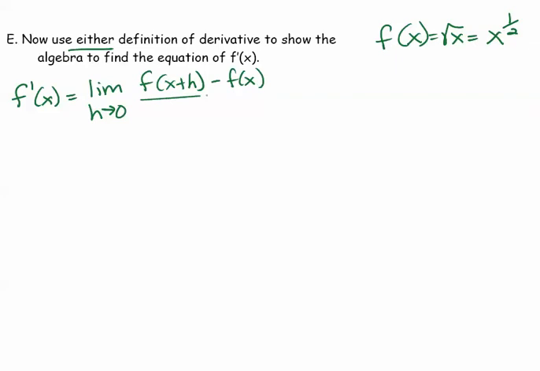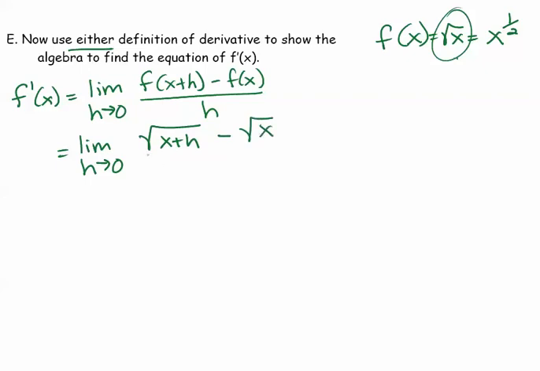You can substitute right away here. You don't have to write these definitions. In this case, I'm going to use the square root of x as my value. So I'm going to have f of x plus h. I'm going to have to put that binomial into our square root function. And f of x, of course, is just the square root of x.